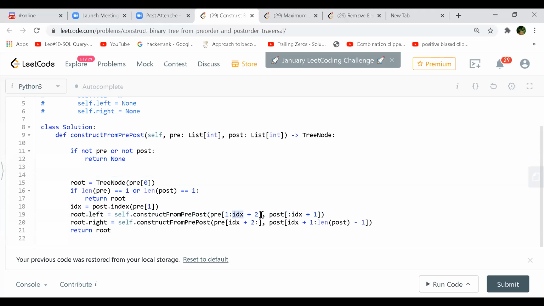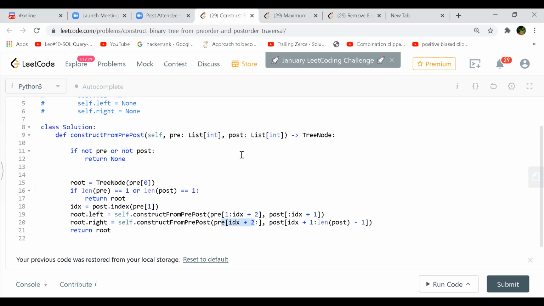So from the beginning of the post order till IDX plus 1 we are picking, and now we are starting from IDX plus 2 in our pre-order till the end. So you'll only reach from 1 to IDX plus 1 when you are in your pre-order recursive function.